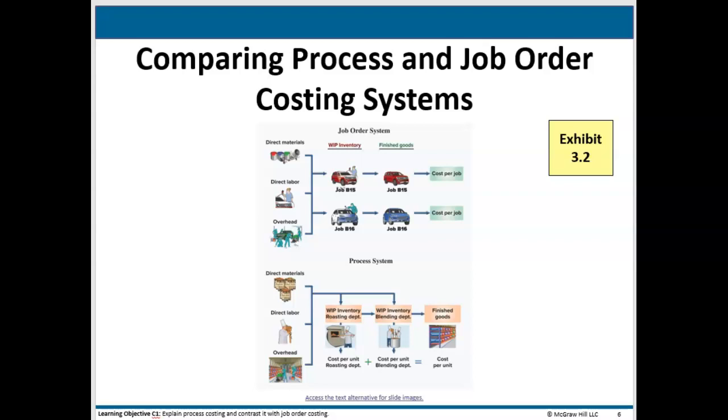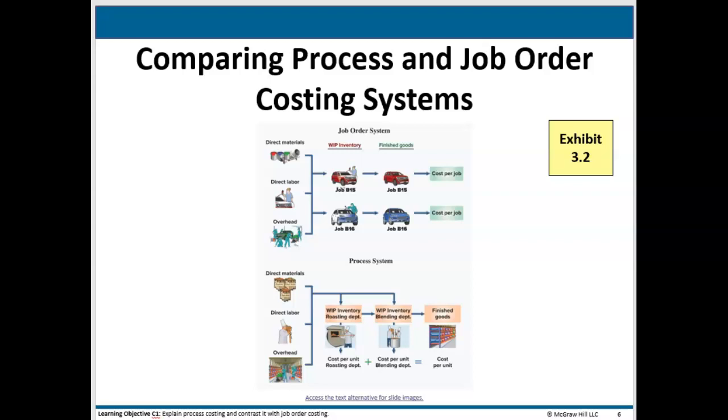With cost per unit, the job order system measures the cost per unit after completion of a job. With the process system, basically it measures unit costs at the end of the period, maybe every month or so, by combining cost per unit from each process. Internal reporting, the job cost system, we use job cost sheets.